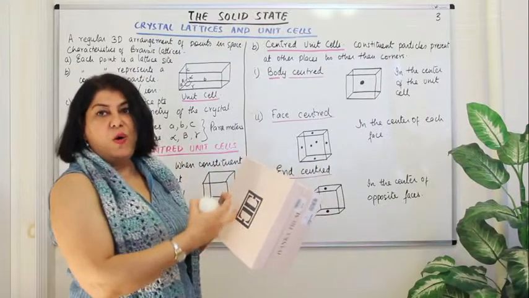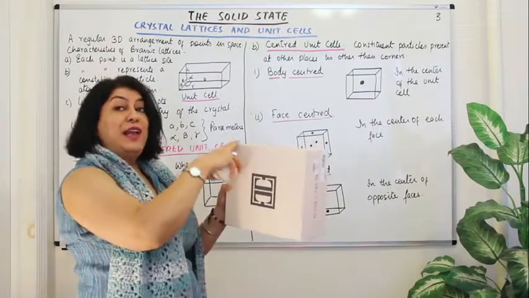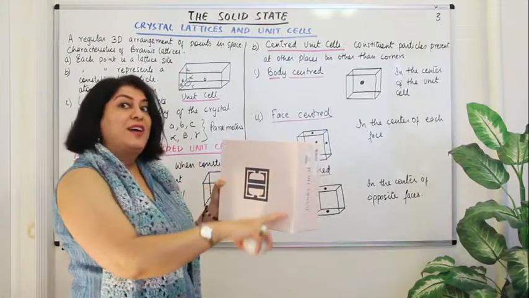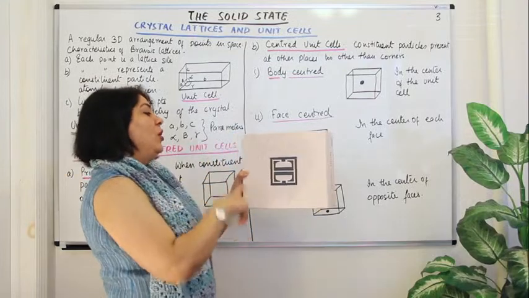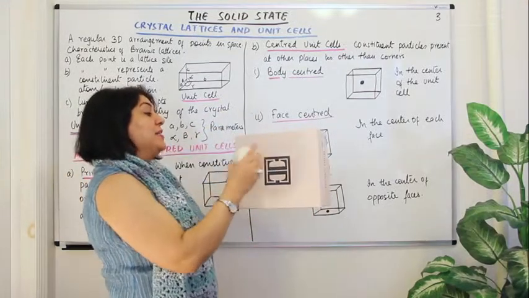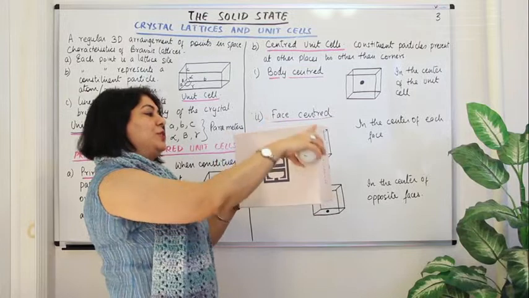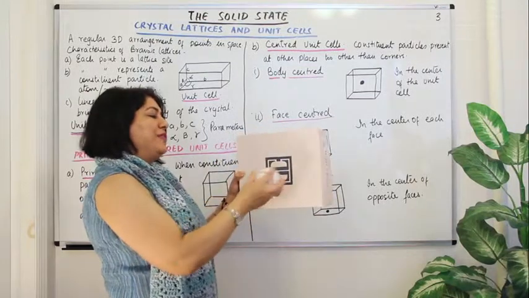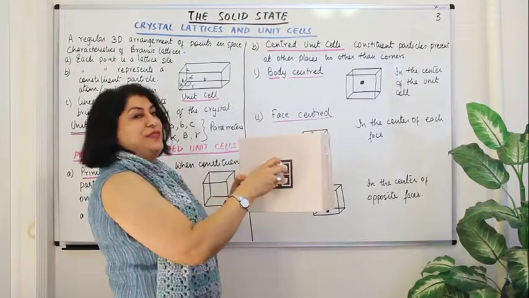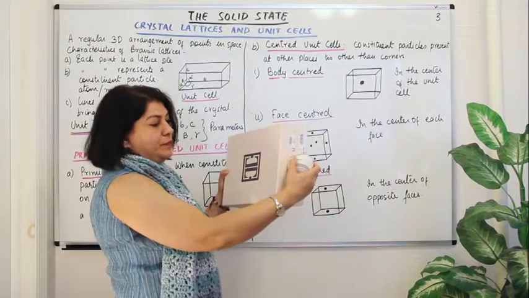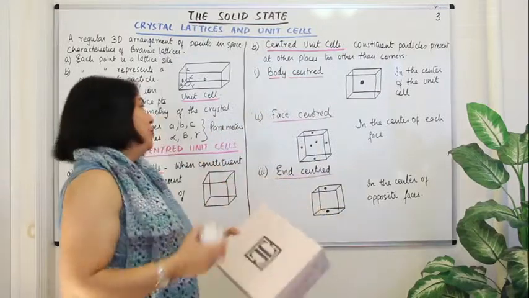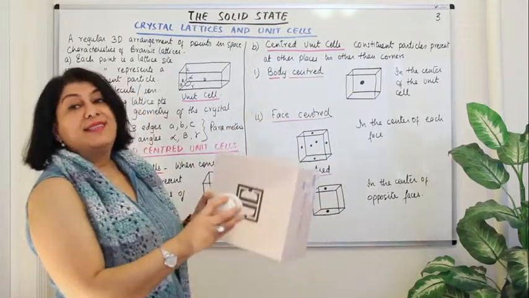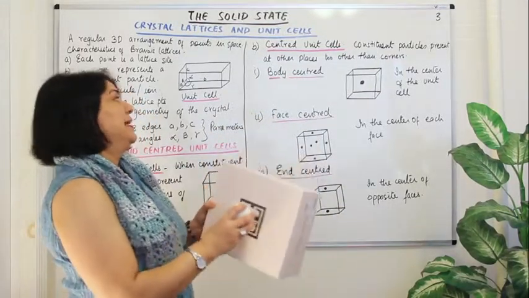Actually, there are no walls. But again, if the lines were imaginary, the walls are also imaginary. So you have the lattice points all occupied in the corners, and if you imagine these 4 lines to be making one surface, then in the middle of that surface, you have one particle. One particle in the middle of each face. So we say it is a face-centered unit cell.